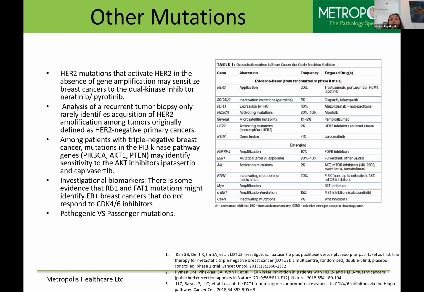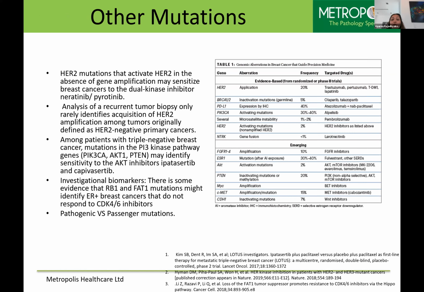There are some other mutations which are seen in breast cancer. One is HER2. The HER2 mutations, which are not the amplification, just HER2 mutation, are recommended to be tested because they may sensitize breast cancer to the dual kinase inhibitor.